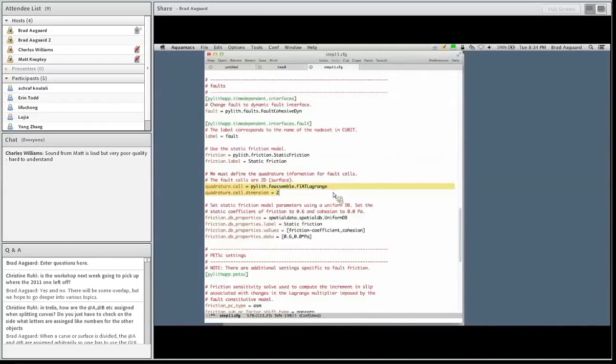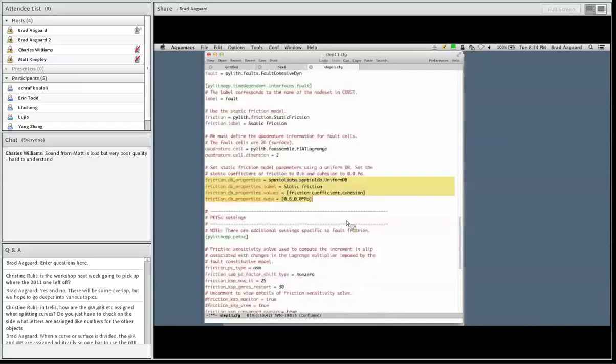So we're using hex cells, so we're in the Fiat Lagrange in cell dimension 2 for the fault because we have quadrilateral cells on our fault for a hexahedral mesh in our domain. Our friction properties are going to use the spatial database, static friction, and in this case, I'm not using any initial tractions applied directly to the fault.